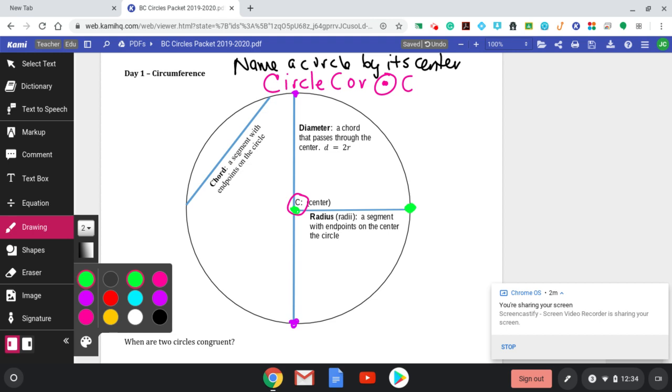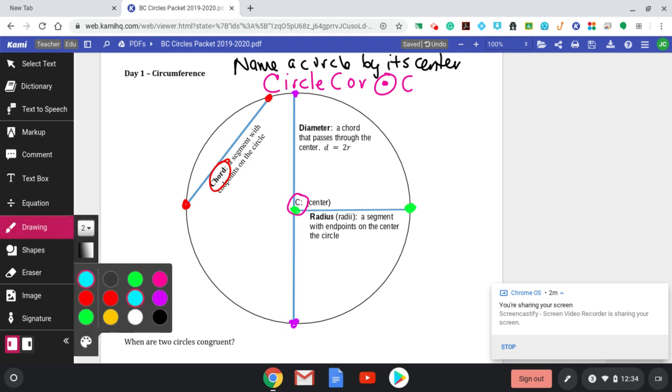Now, this might be a new term you haven't yet been exposed to, which is a chord. It's a segment, just like a diameter and a radius. But now the 2 endpoints have to be on the circle, but it does not have to go through the center. If it does go through the center, then we call it a diameter. But a chord is just a segment where the 2 endpoints are on the circle.